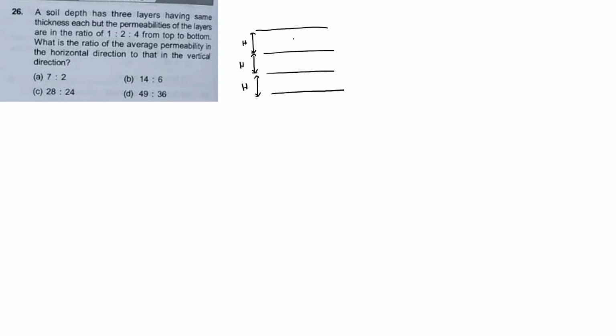Now, if the permeability of the first layer is k, then the permeability of the second layer will be 2k, and similarly the permeability of the third layer is 4k, because this is in the ratio 1:2:4.